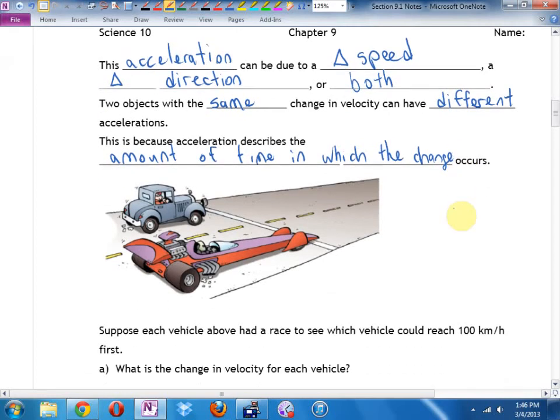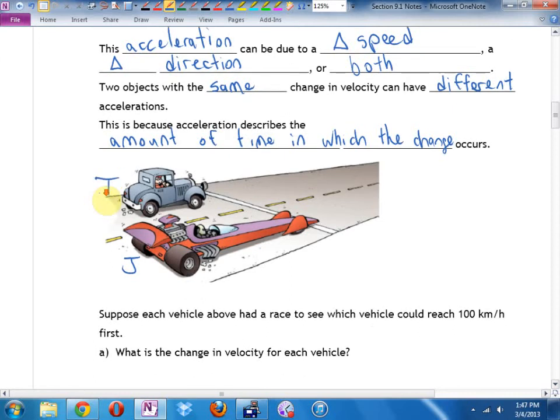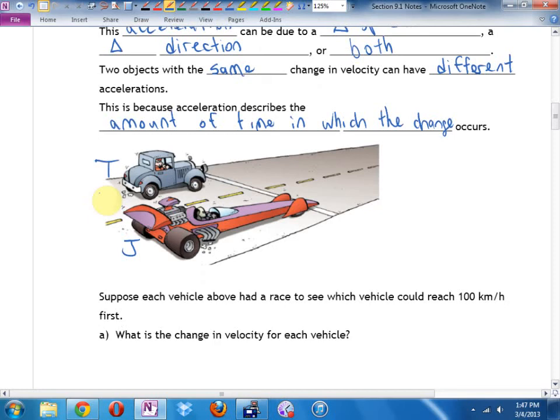So we have here a little jalopy, an old car, and a dragster. Let's call this dragster J for Justine, and let's call this little car T for Ty. Suppose each vehicle above had a race to see which vehicle could reach 100 kilometers per hour first.